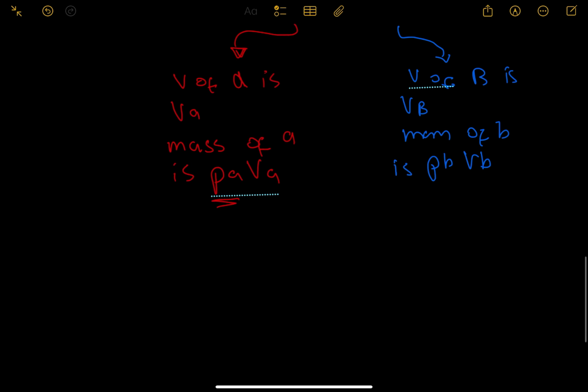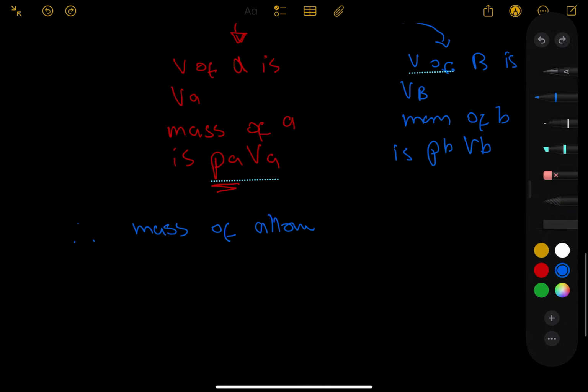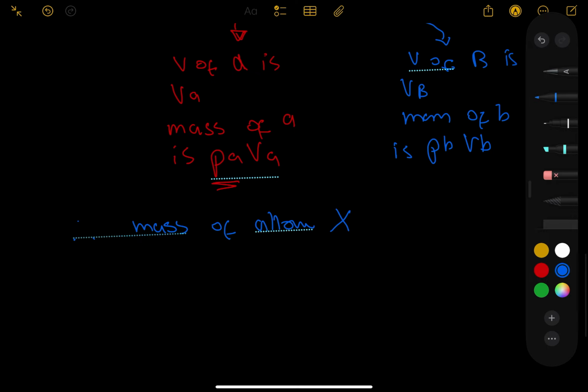So therefore the mass of alloy X, which is the mixture, equals rho_A V_A plus rho_B V_B.